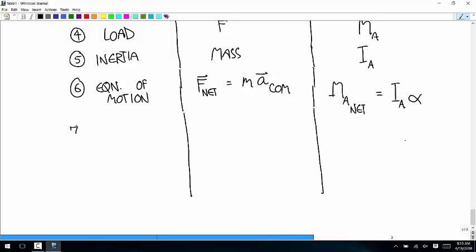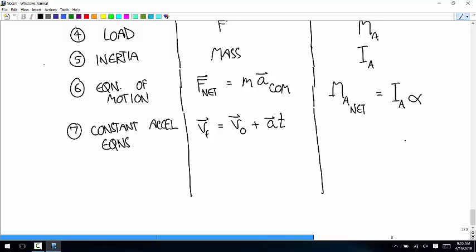So these equations, these are the constant acceleration equations. They say V final is equal to V initial, or V sub 0, plus A t.